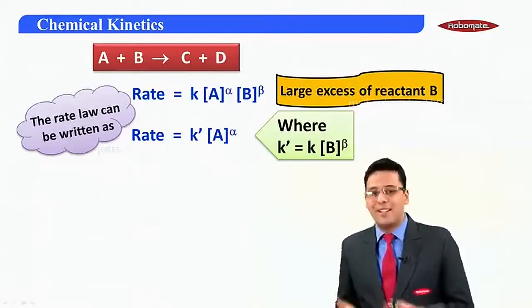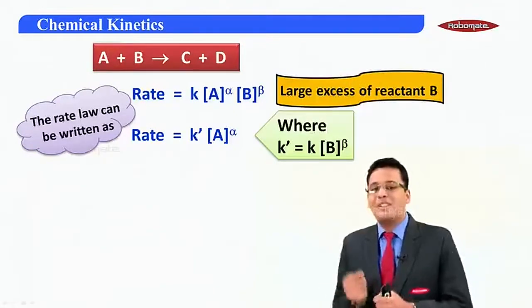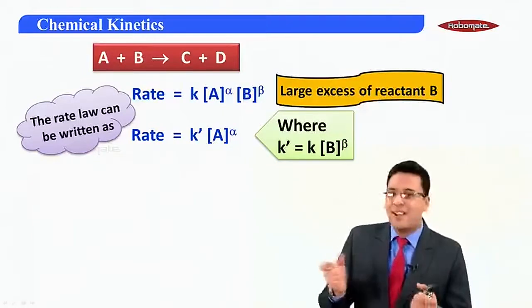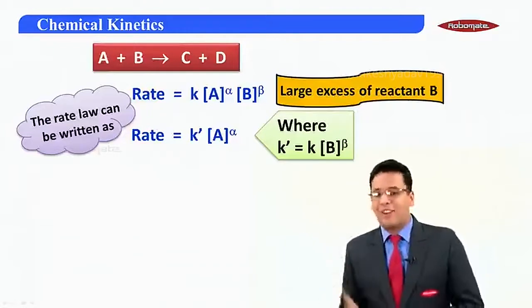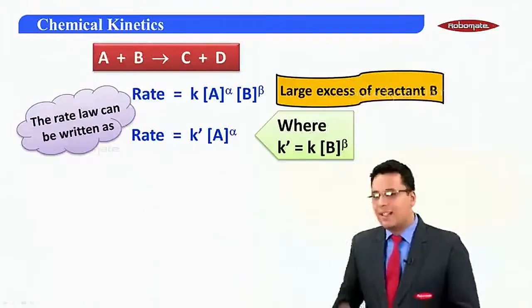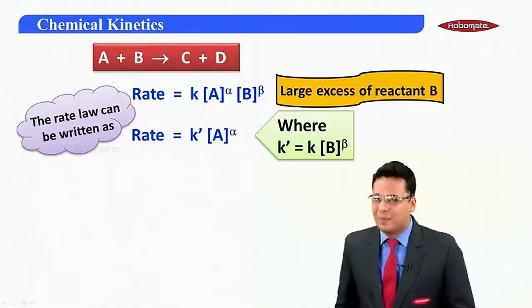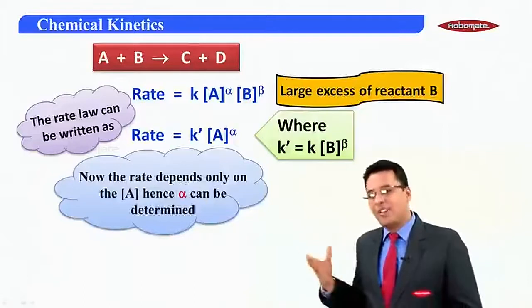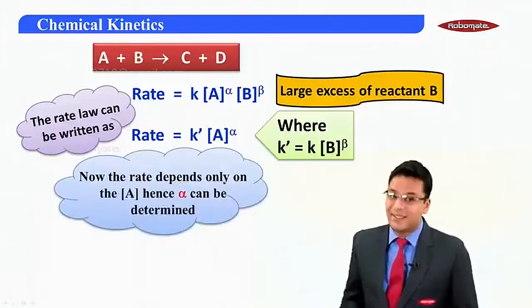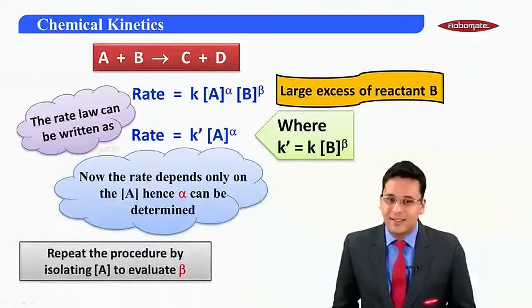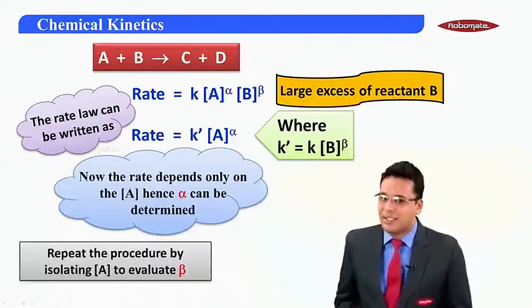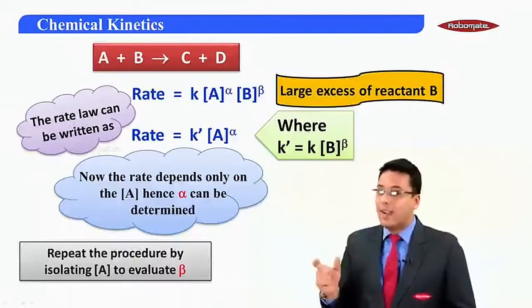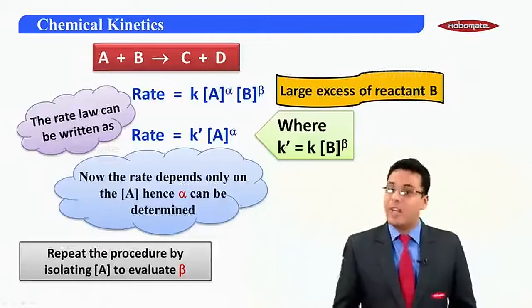All I have to study is how much the rate is changing when the concentration of A is changing. Once I am able to quantify that, I can find the value of alpha. The numericals on this are really very simple. Anyway, the rate depends only on the concentration of A, and hence alpha can be determined. Now we can repeat this procedure by isolating A. We can take A in excess and isolate it. We can evaluate beta in the same way.